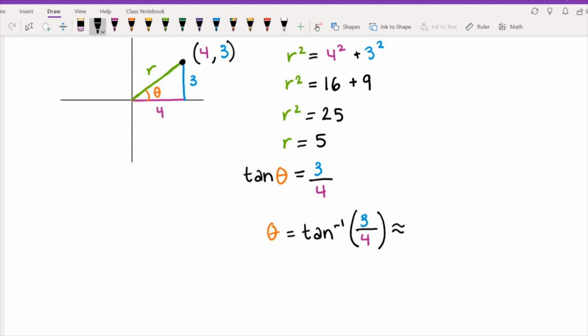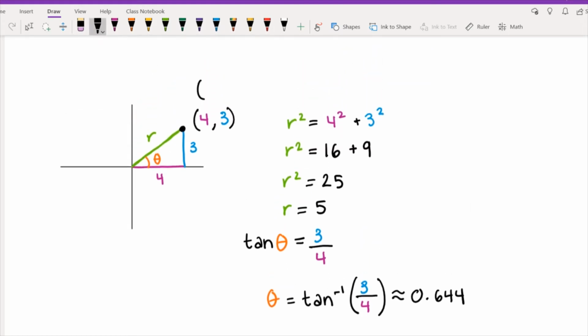You could definitely do polar coordinates with degrees as well, but I think all the ones on your homework anyway are radians, so I'm going to stick with that. You would find that this angle was approximately 0.644 radians.